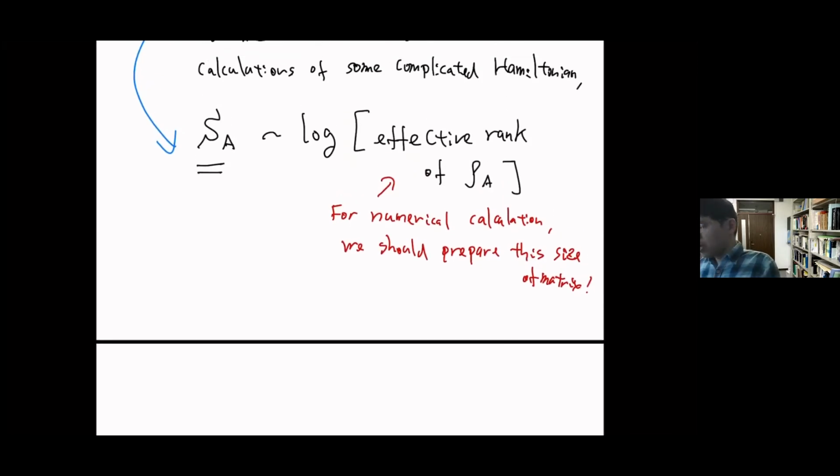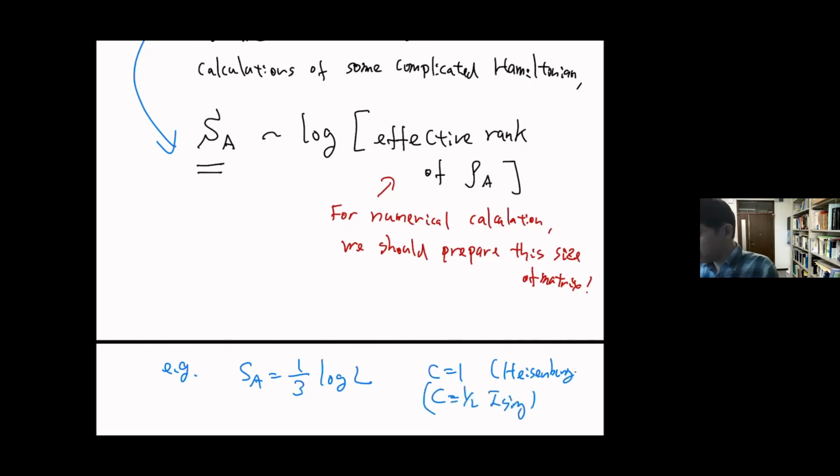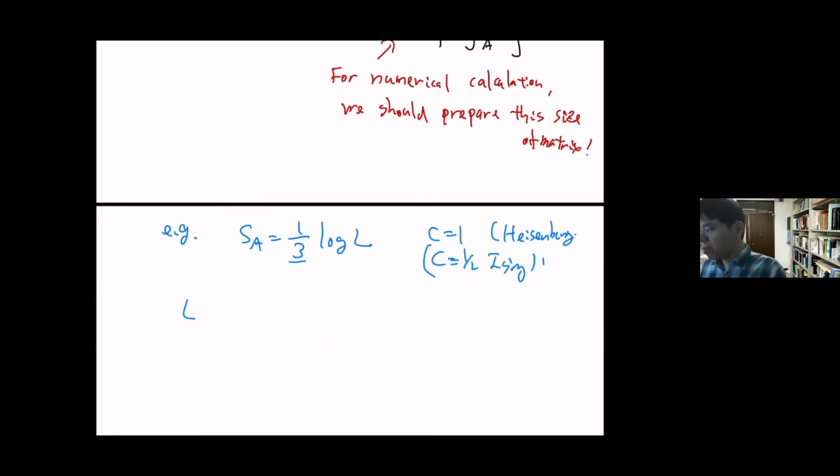And so you can, for example, estimate this. For a c=1 CFT, the entanglement entropy is (c/3) log L, for example the Heisenberg spin chain. For c=1/2, for example the Ising model. Say c=1, like Heisenberg. In this case, you can assume maybe a 100-site spin chain is enough to calculate, so we want size 100. That looks like quite a good number.